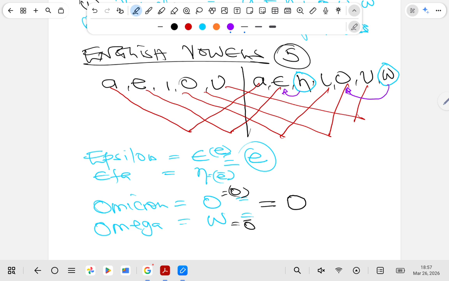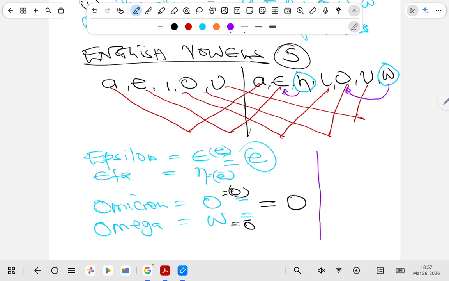But at least to say is that Greek has 7 vowel letters, English has only 5, and 2 of those letters are used intentionally for specific purposes.